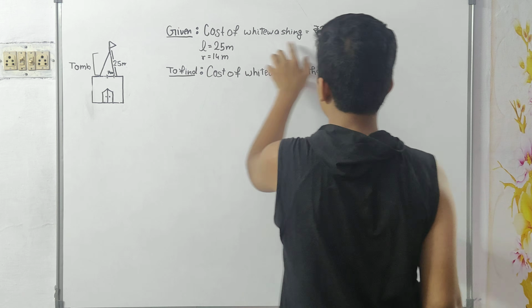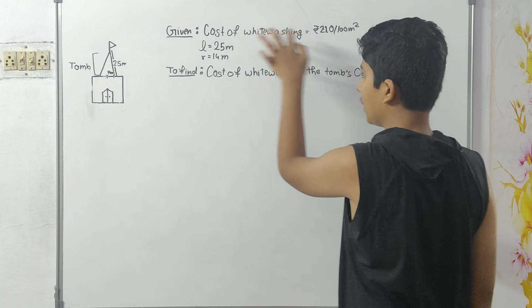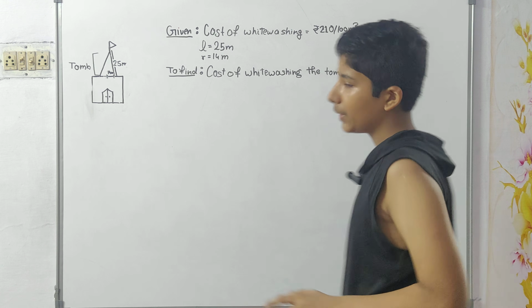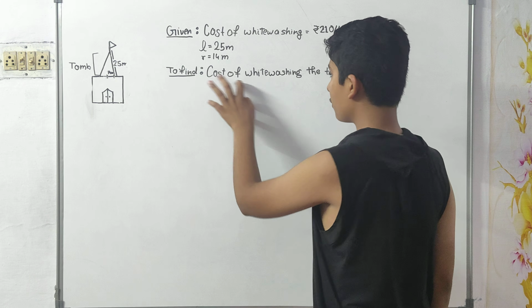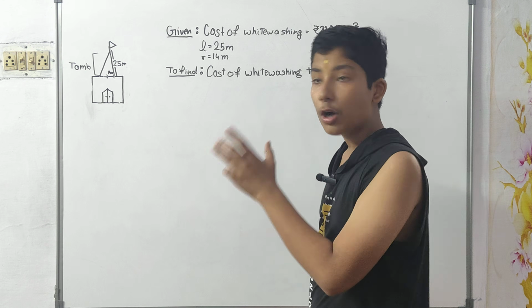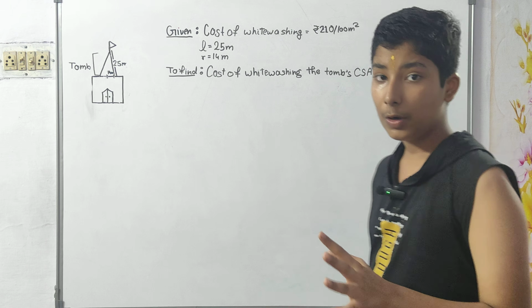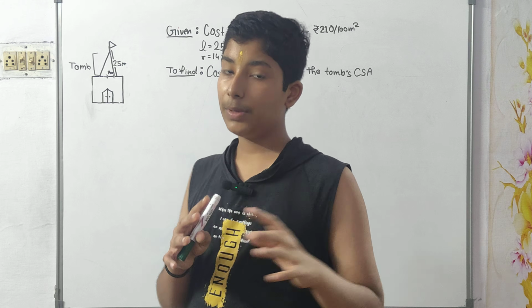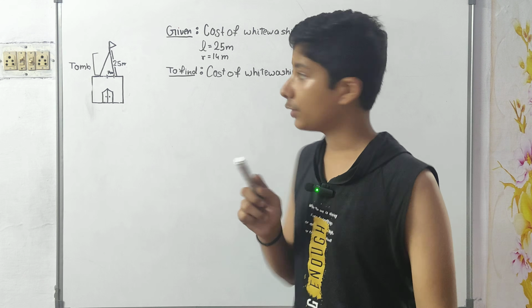Okay, so it is given that the cost of whitewashing is rupees 210 per 100 meter square. We have to find what will be the cost of whitewashing this tomb. We all know the tomb will be whitewashed from the upper side, and only the CSA will be whitewashed.